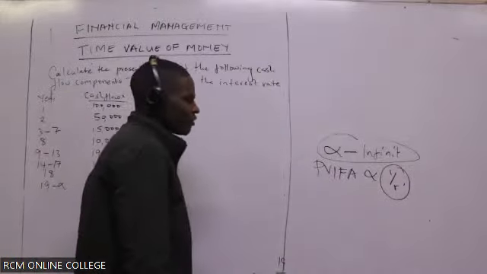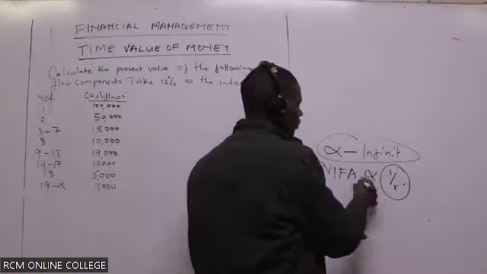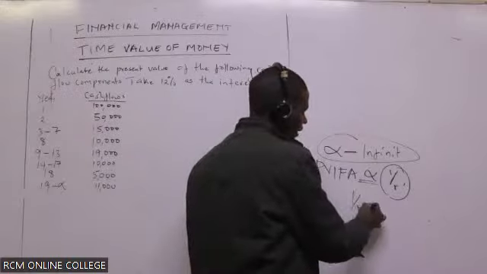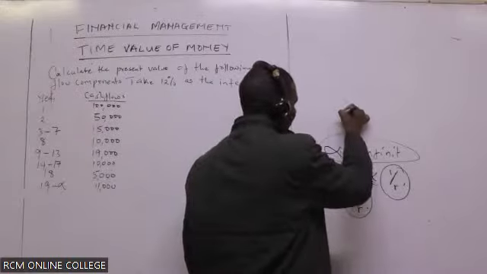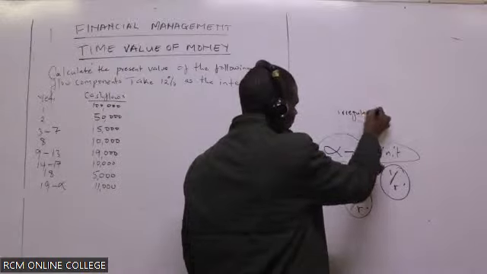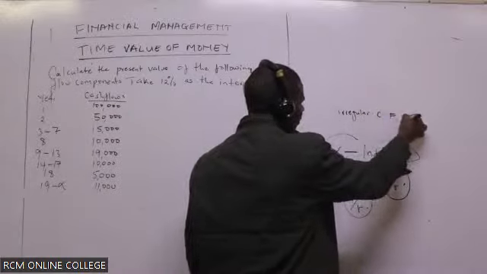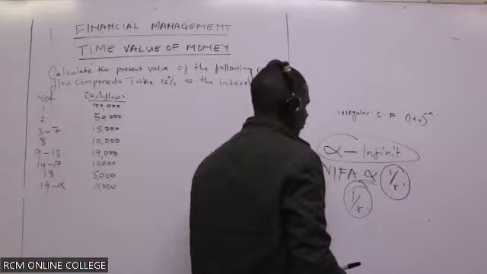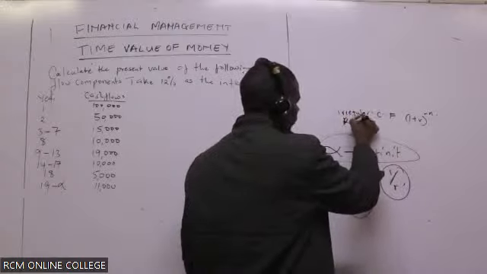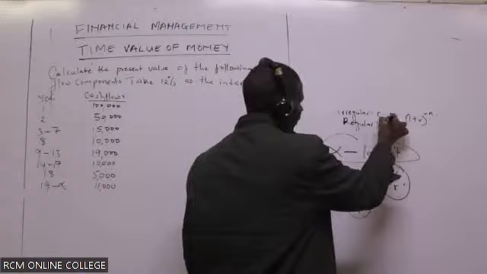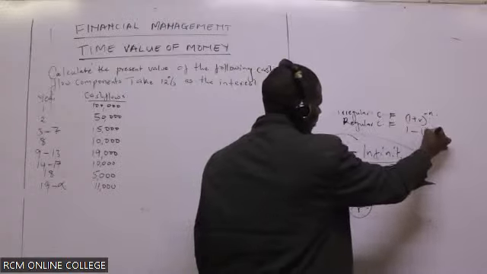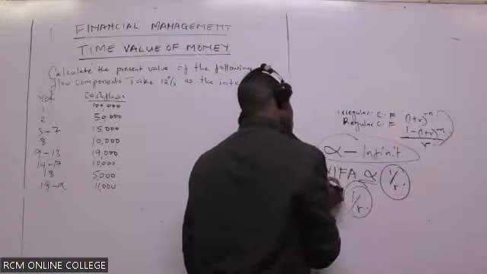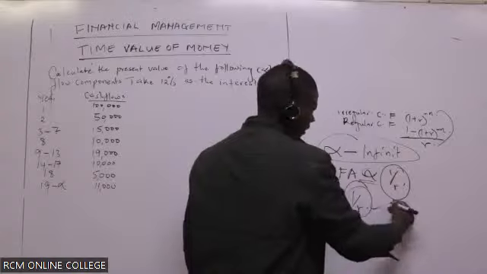To get the present value interest factor of annuity, or the discount of an infinite annuity, it is 1 over R, 1 divided by R. For irregular cash flow, we say it is 1 plus R raised to negative N. And for regular cash flow, the formula is 1 minus 1 plus R raised to negative N, all divided by R. So for infinity this is 1 over R, just that.